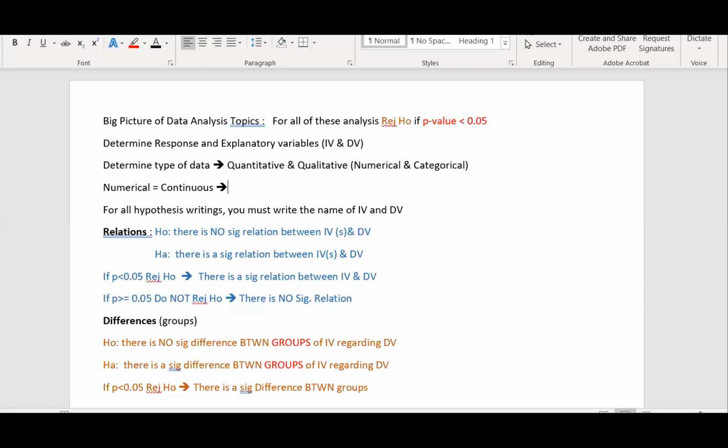What we do, the first analysis we run is a descriptive analysis. What is descriptive analysis? So for numbers, for numerical values, we're going to calculate mean, median, right? Mode, mean, median, mode, standard deviation, variance.